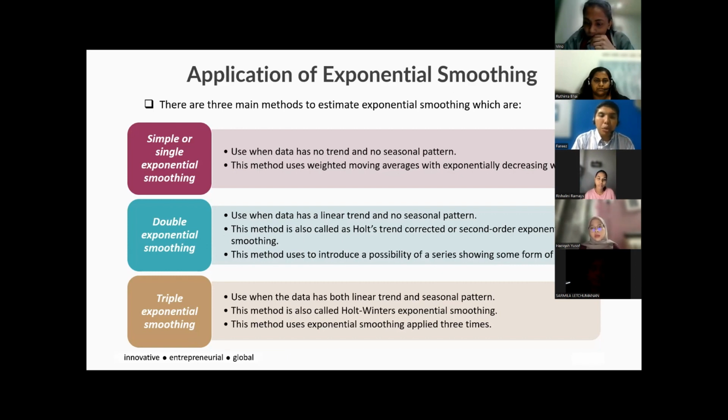Double exponential smoothing is used when data has a linear trend but no seasonal pattern. And finally, triple exponential smoothing is used when the data has both a linear trend and a seasonal pattern. For the third one, exponential smoothing is applied three times.